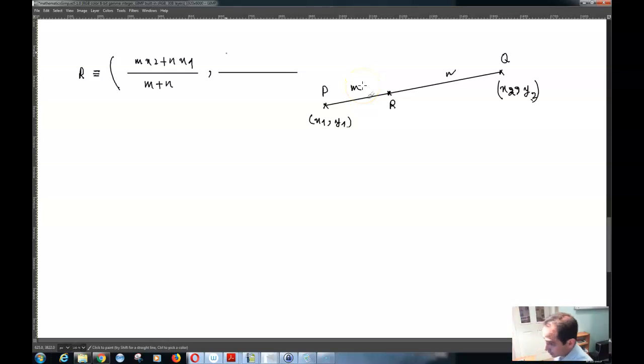Now, in this case, we say that the point R is dividing PQ internally in the ratio m to n.